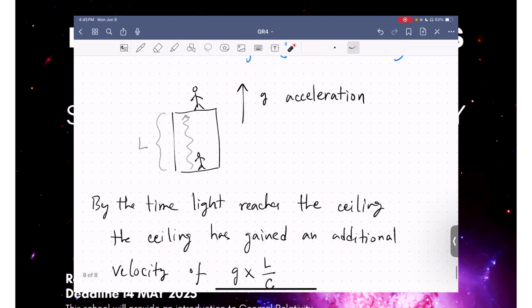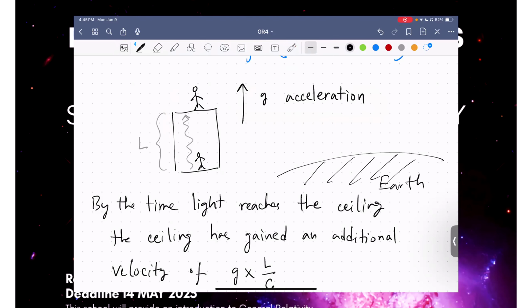In other words, if you were inside the elevator that's moving at a constant acceleration g, to you, this would feel exactly as if you were on Earth. So this is Earth, and this was a stationary room.